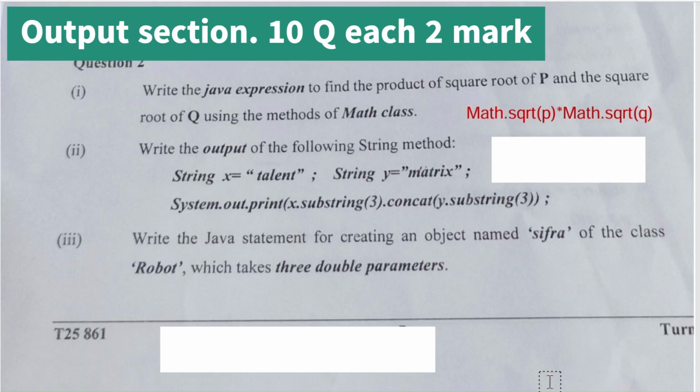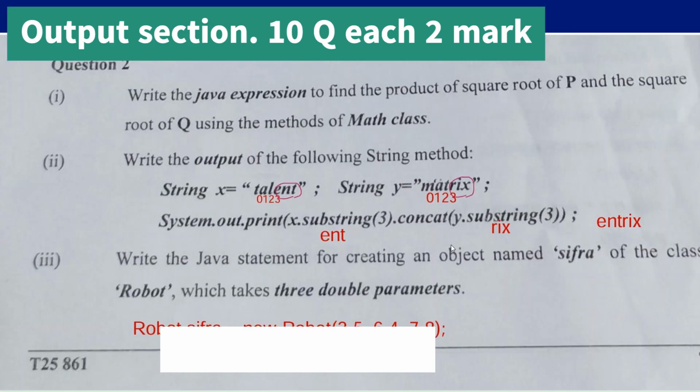Now question 2. Write the output of the following string method. String x is equal to "talent". String y is equal to "matrix". System.out.print(x.substring(3).concat(y.substring(3))).